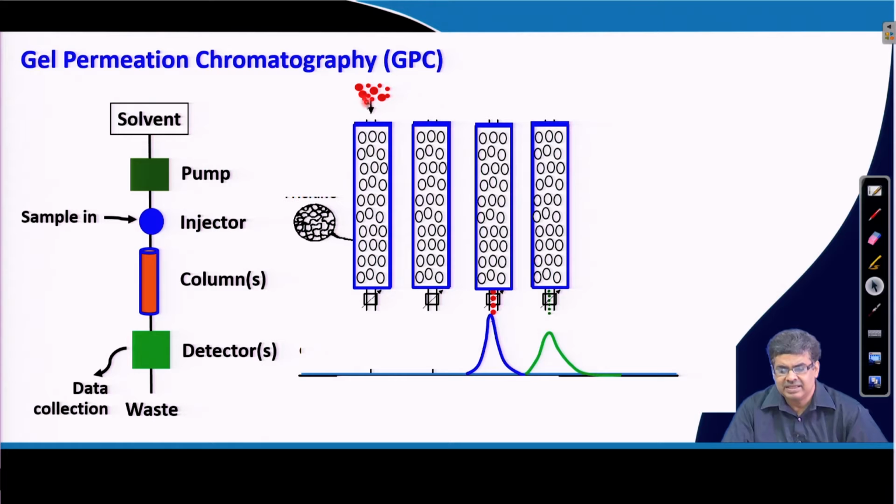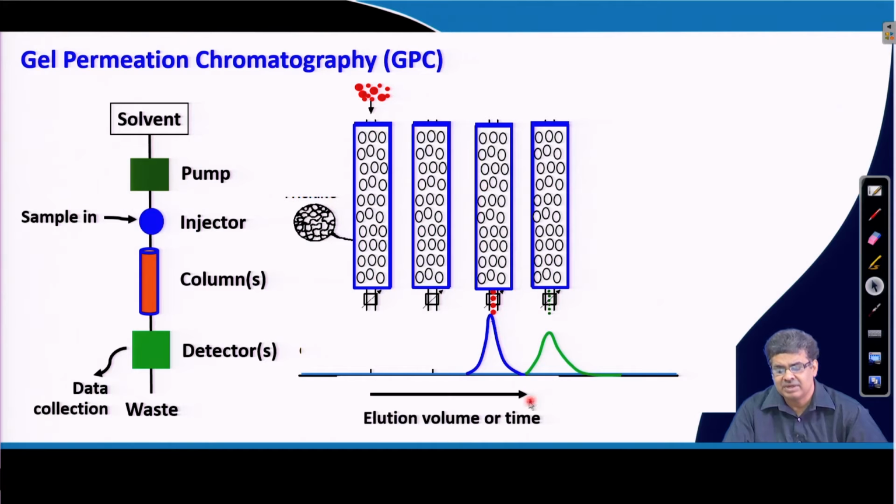Now, in this example there are two distinct sizes, one large and one small, so we have two distinct peaks. But in the case of a polymer sample the difference is not so distinct; there is a continuous variation in polymer size.